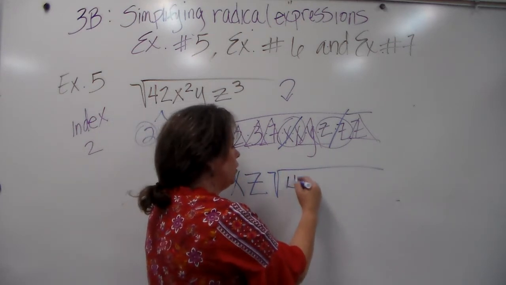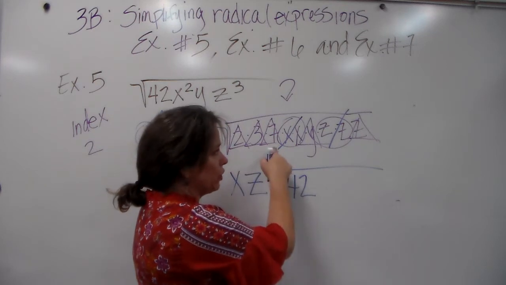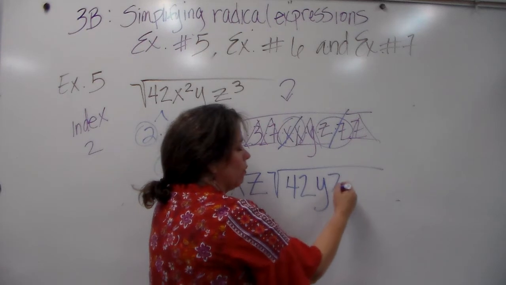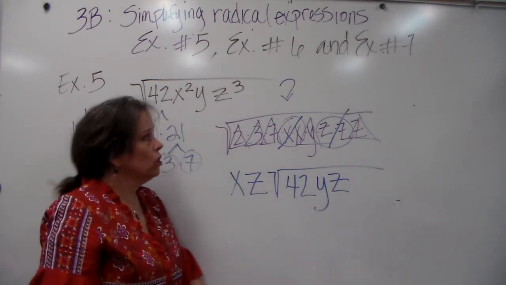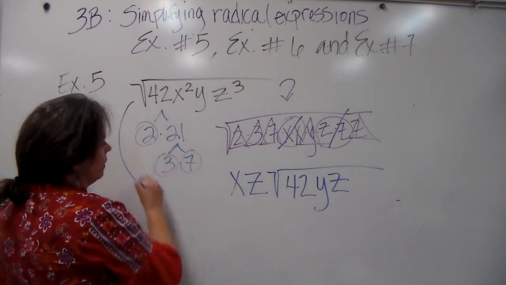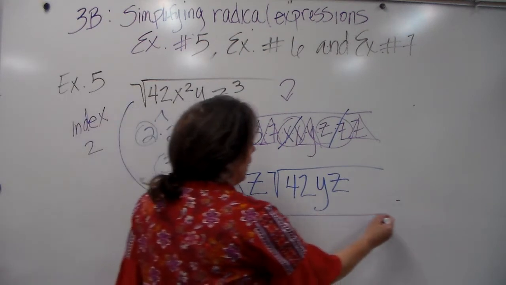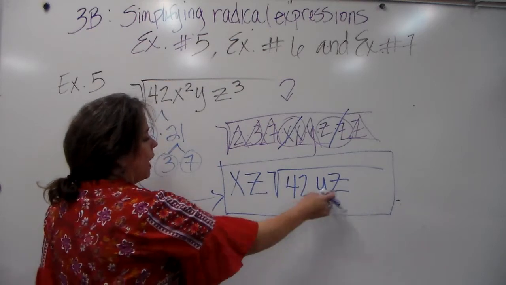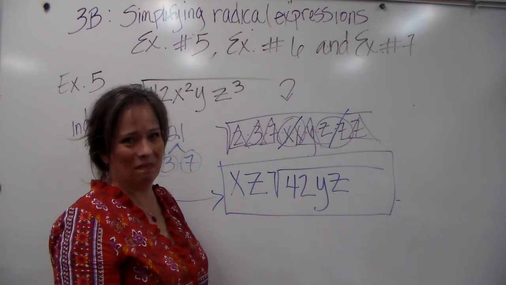That's our 42 when we multiply those terms. We'll have 1 of the y's multiplying 1 z. So when we simplify this radical, we'll get xz times the root of 42 yz, okay?